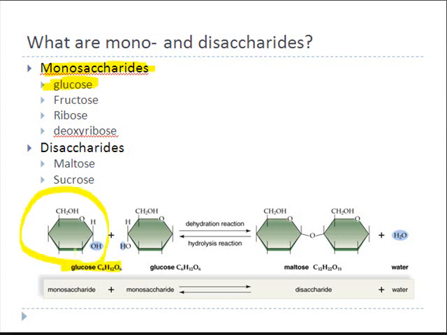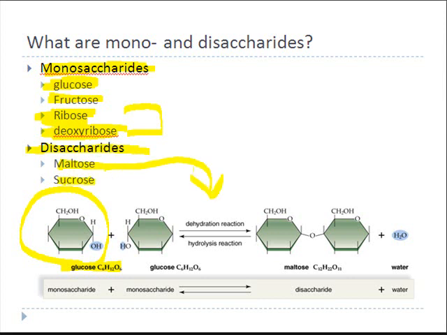It can include things like fructose, ribose, deoxyribose. These last two, by the way, are sugar groups found in the nucleic acids DNA and RNA, which we will talk about shortly. You can have 2 of these monosaccharides joined together, in which case you've now formed a disaccharide. 2 examples of that are maltose and sucrose.